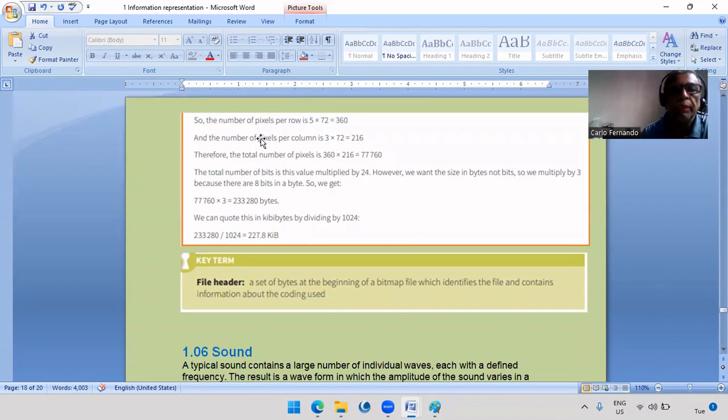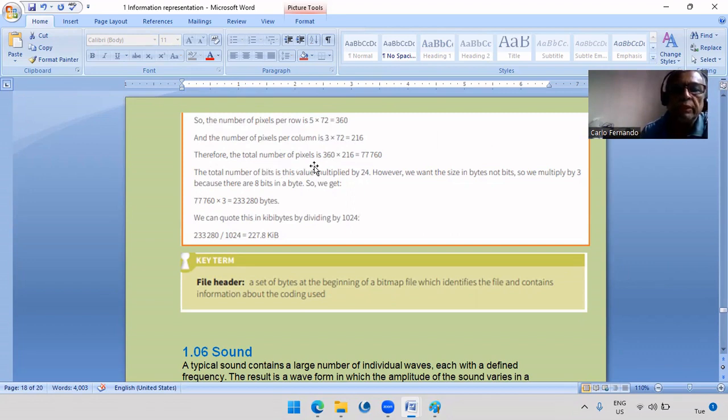So the number of pixels per row is 5 times 72. 72 is given, and 5 is also given, 5 inches. So 5 times 72 is 360. And the number of pixels per column is 3 inches, 3 times 72, is 216.